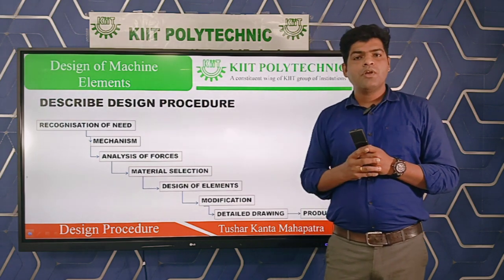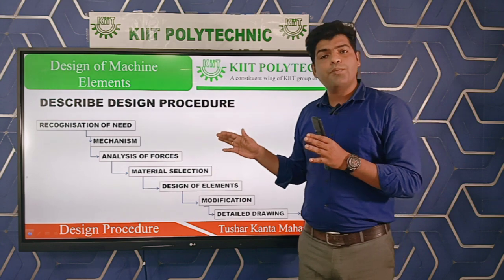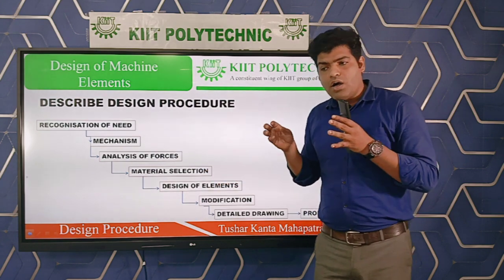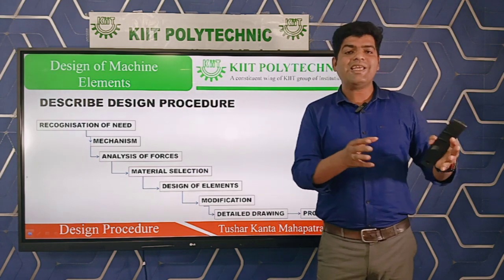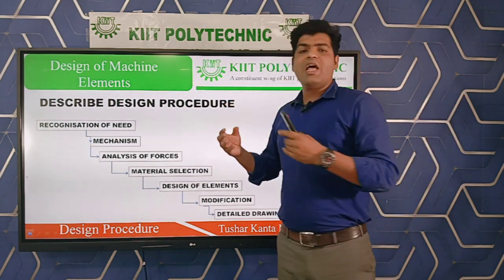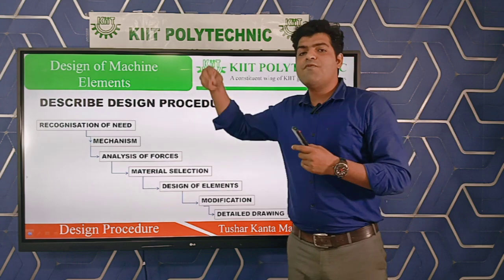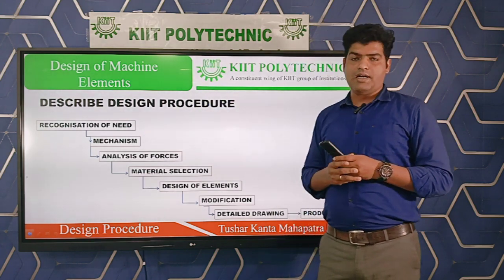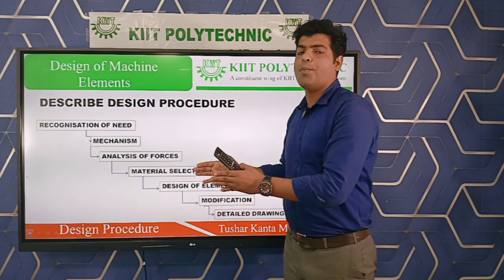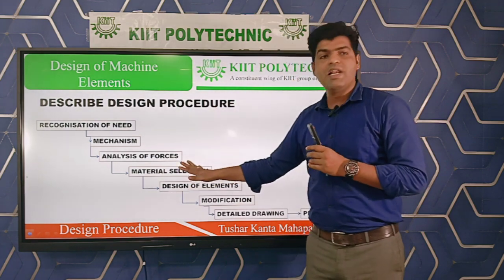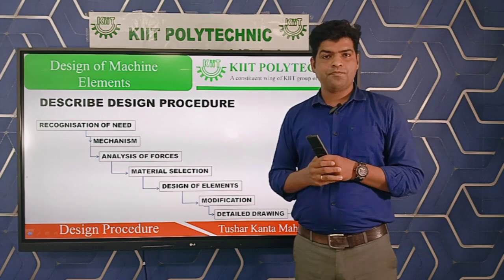Next slide. First we know about the properties, how the object shows its behavior when different loads are acting over it. So in that case, we consider these properties and then we select the material.